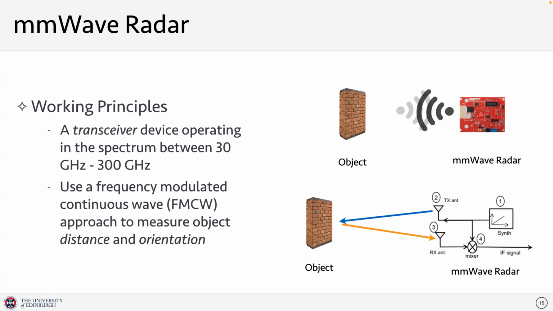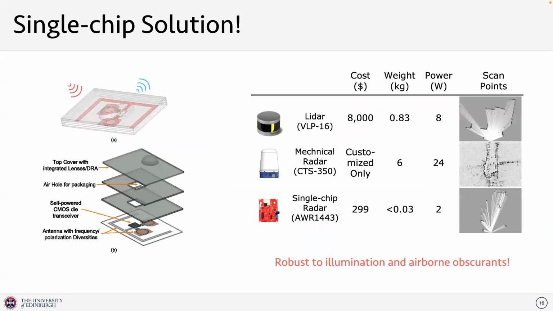Then, by mixing the transmitted and received signals, the device can estimate the distance and orientation to that object in the field of view. The objects are often represented in the form of point clouds because of the larger wavelengths in millimeter. This kind of radar can be very robust to airborne particles and almost impervious to any lighting conditions, which is exactly the property we want for our system.